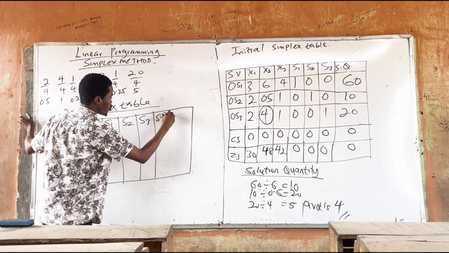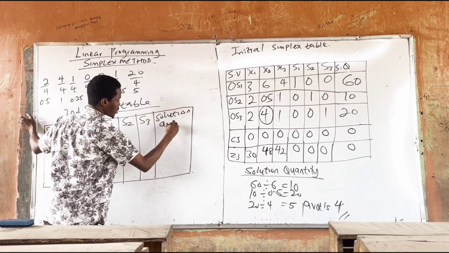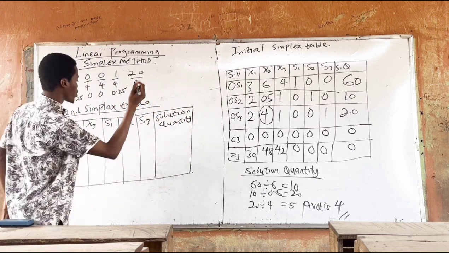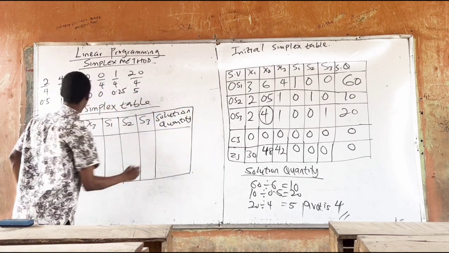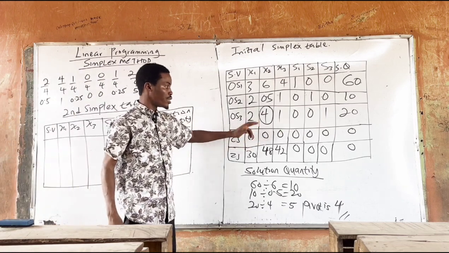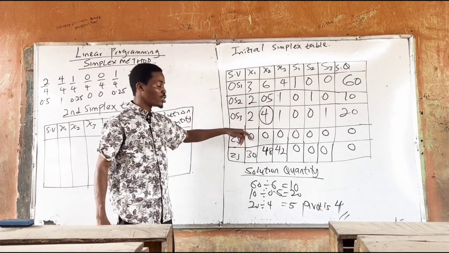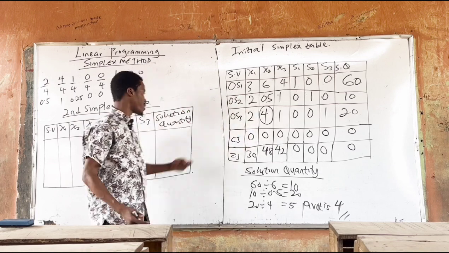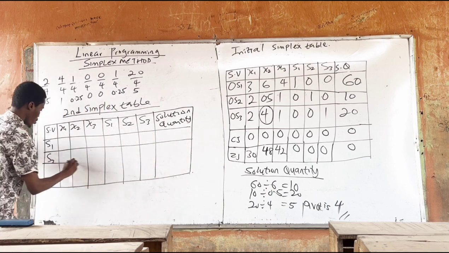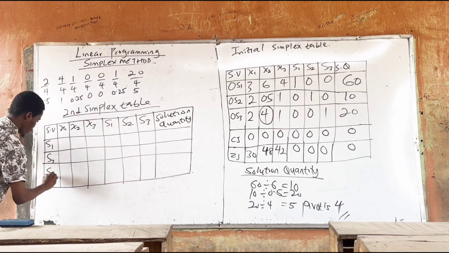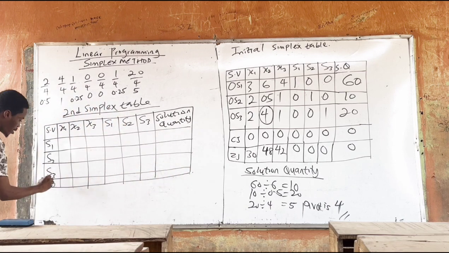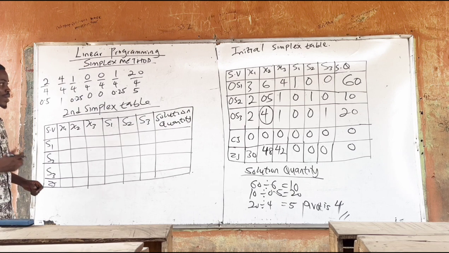This is my solution quantity, that is, solution quantity is SQ. So now I'm going to write my CJ. Since my CJ is 0, 0, 0, 0, I can ignore it because it's not a value. So I can now write x1, x2, x3, and then my zj. My zj is my objective function, which is maximization.